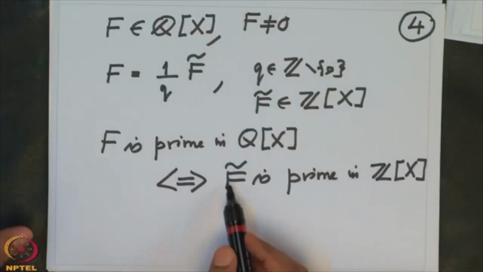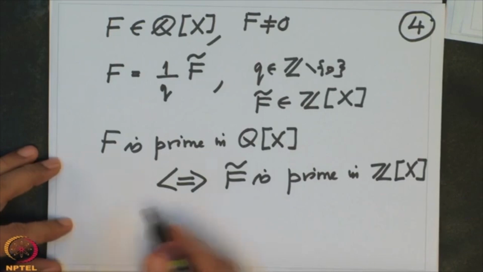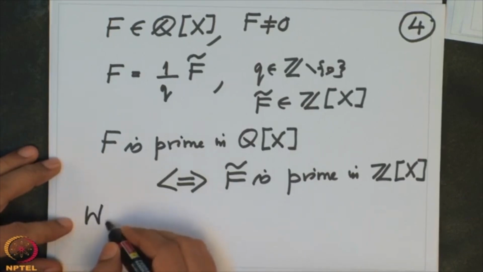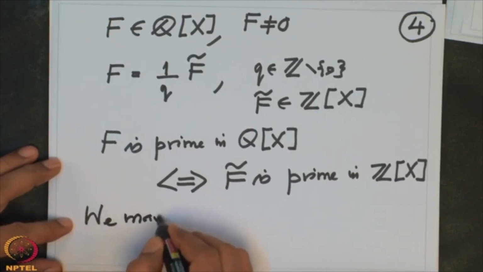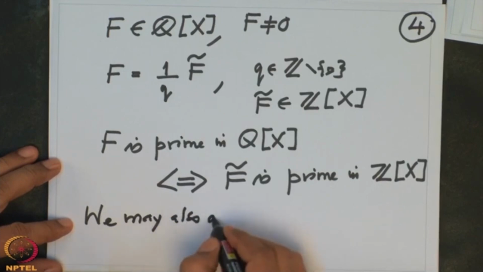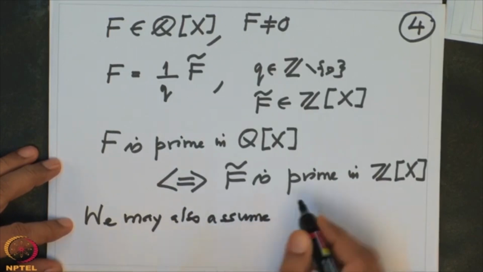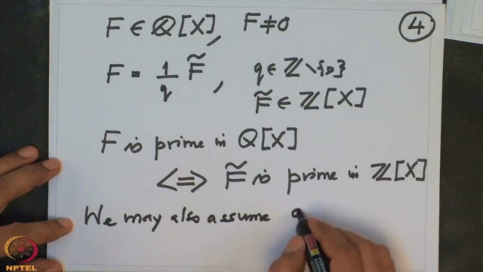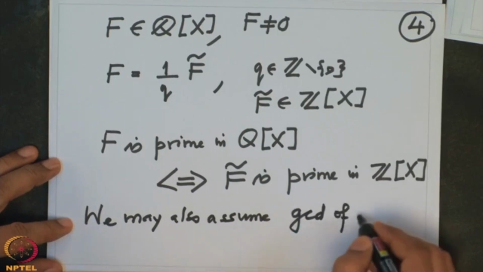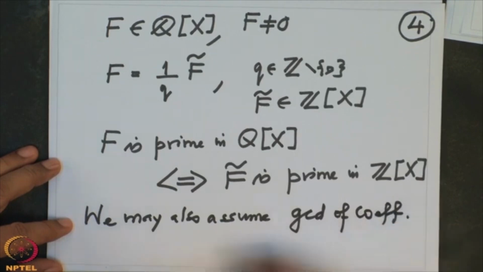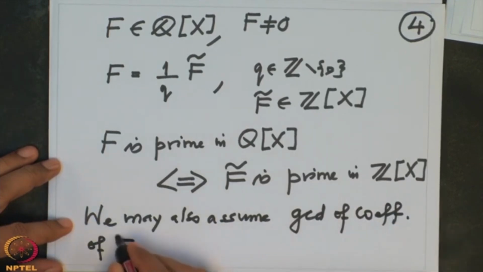Moreover, all the coefficients of f tilde may have some common factor, so we may also assume the GCD of the coefficients of f tilde is 1.